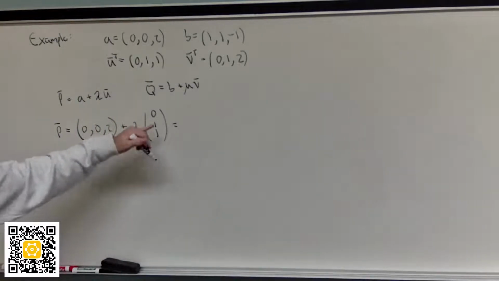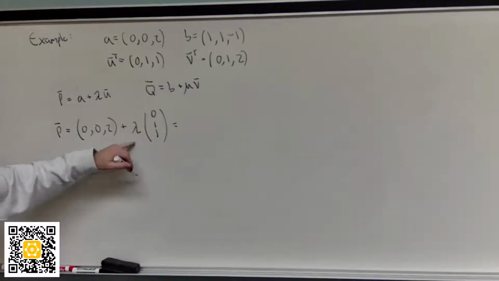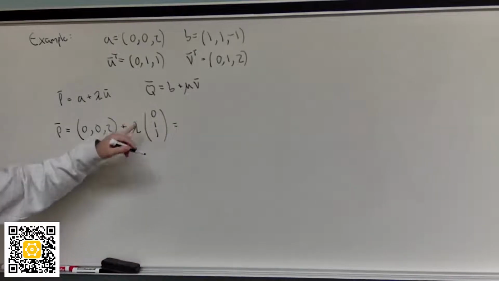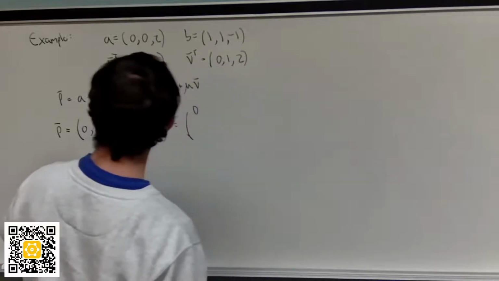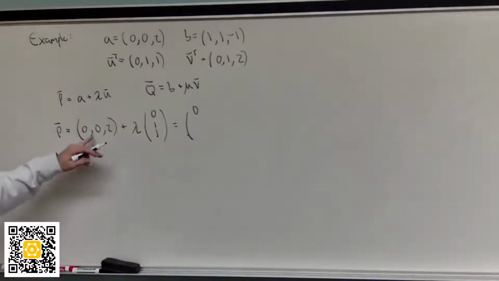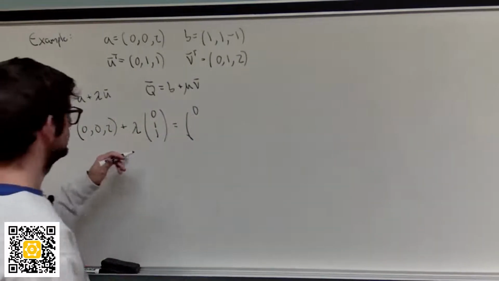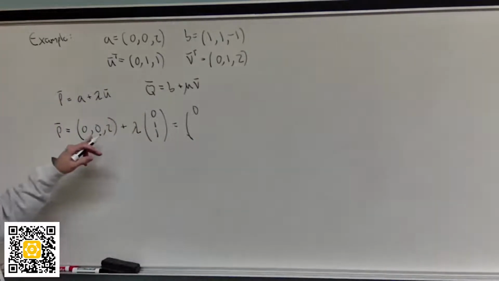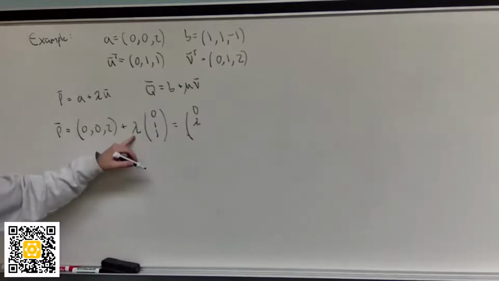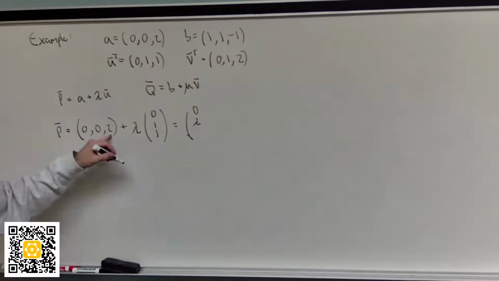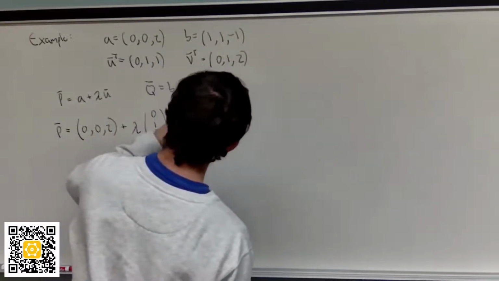So lambda, let's distribute it to all these elements right here. Lambda times 0 is 0. 0 plus 0 is going to be 0. Lambda times 1 is lambda. 0 plus lambda is just lambda. Lambda times 1 is lambda. Lambda plus 2 is going to be lambda plus 2.